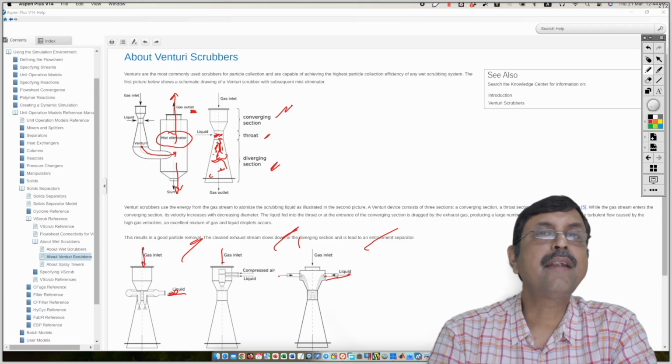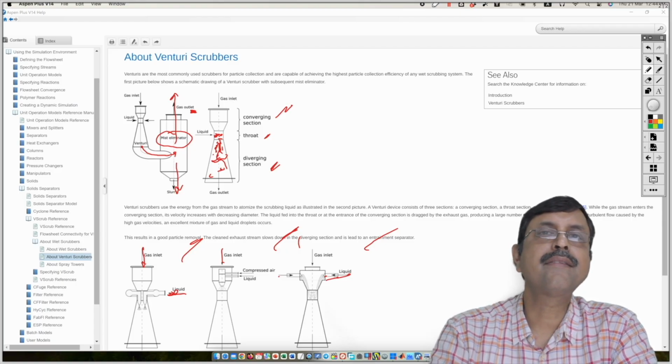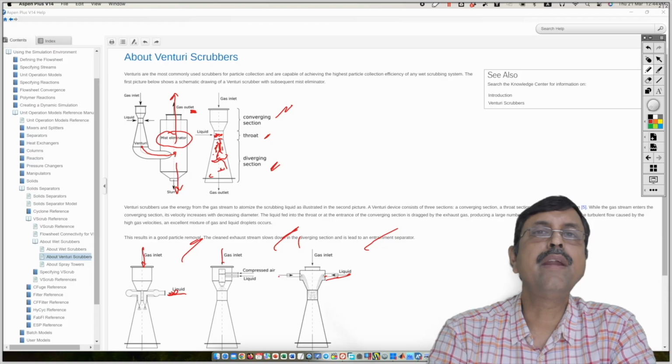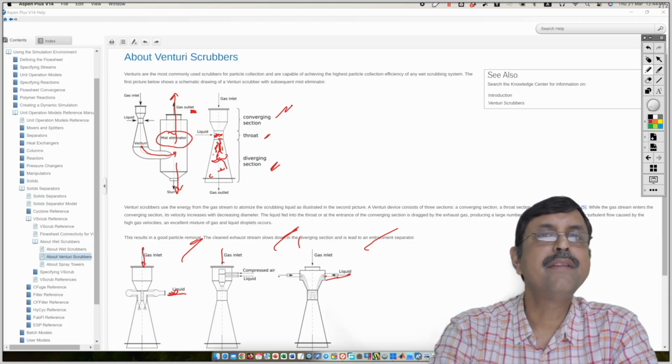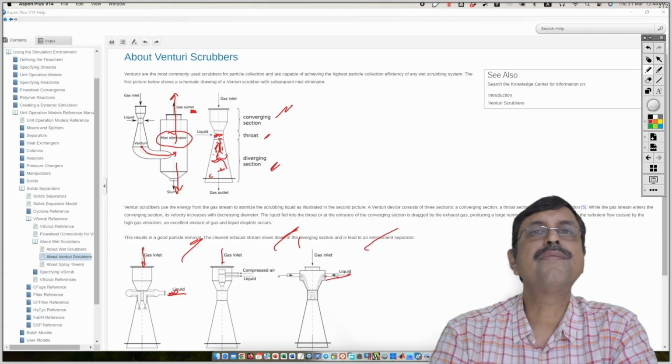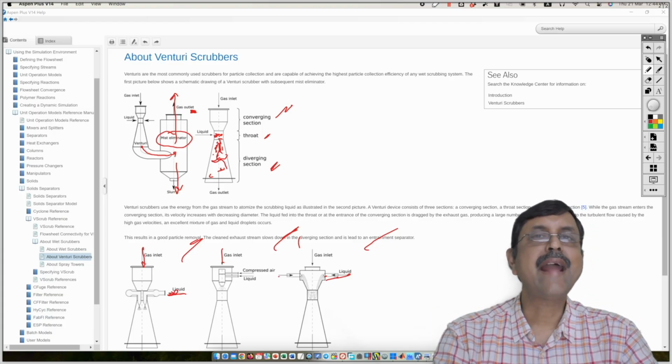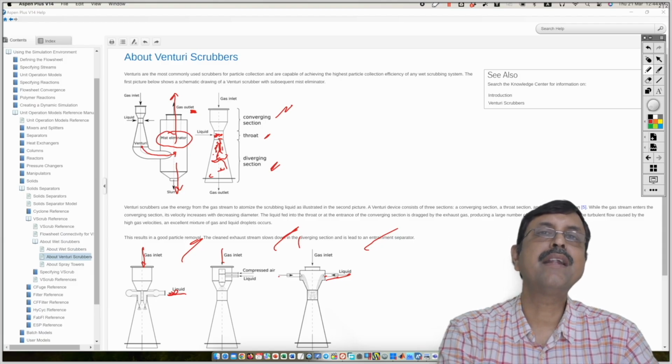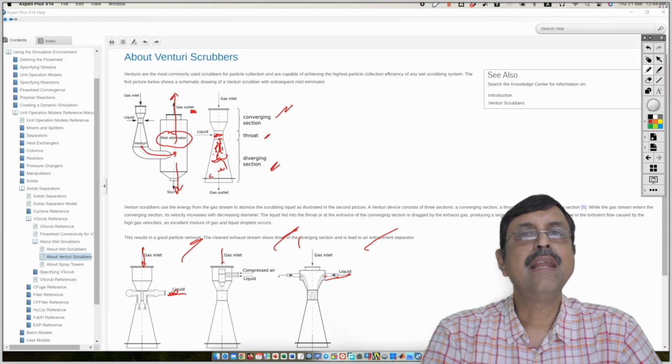That is what is expected in the ideal case, but in the real case, obviously some amount of liquid and some amount of particulate matter will still be there in the gas phase. So the efficiency of a scrubber is defined as the fraction of particulate matter fed into the system that has been arrested in the liquid phase.